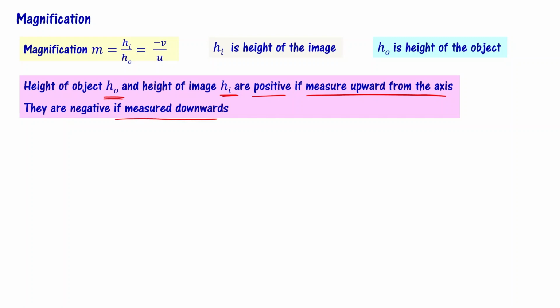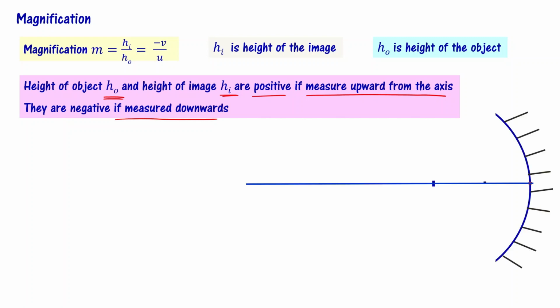Okay, understood? Let's say I have a concave mirror. This is the axis, right? For example, this is the object. Its height is denoted using ho, and this is the image. Its height is denoted using hi.